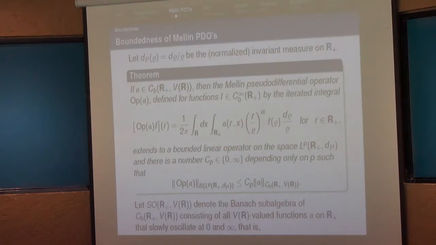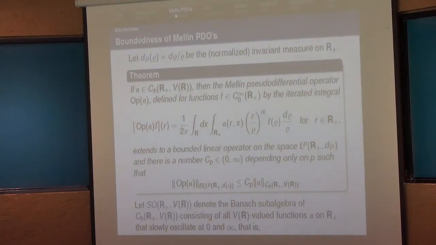To prove this, the proof is not simple, and they use semi-additive functions, et cetera. So now we consider symbols which are slow oscillating with respect to the spatial variable, and with dual variable are V(R)-valued. Then this is a Banach subalgebra of this. And symbols are slow oscillating at zero and infinite.